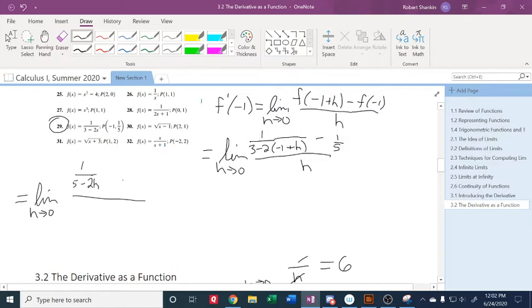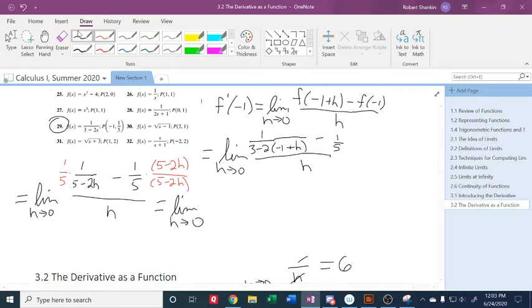So that fraction reduces to that over h. So what I want to do is get a common denominator. The common denominator is going to be these two things multiplied together. So this one I'm going to multiply top and bottom by 1/5. This fraction I'm going to multiply top and bottom by 5 minus 2h. Don't you multiply by 5 over 5, not 1/5? Oh, thank you.